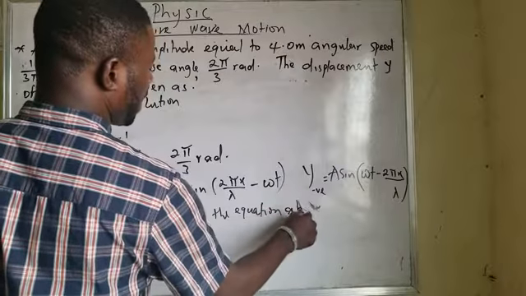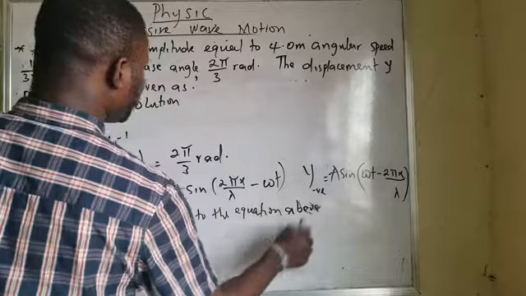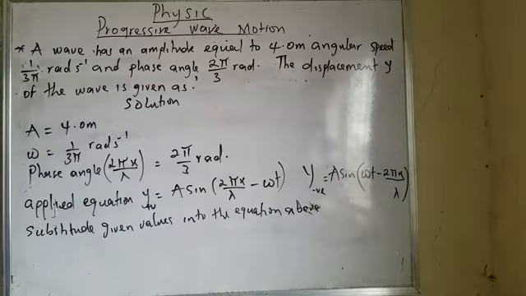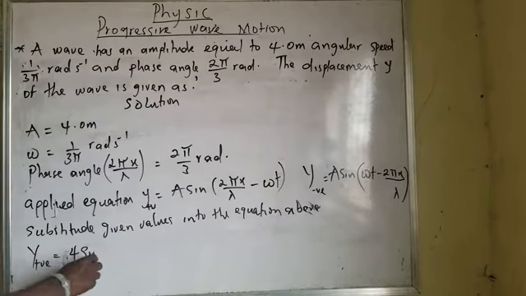Sorry, I'm talking about the equation above. Now, I want to substitute that. It means my y positive value equals, now, I'm talking about A. What is my A? My A is 4 sine.